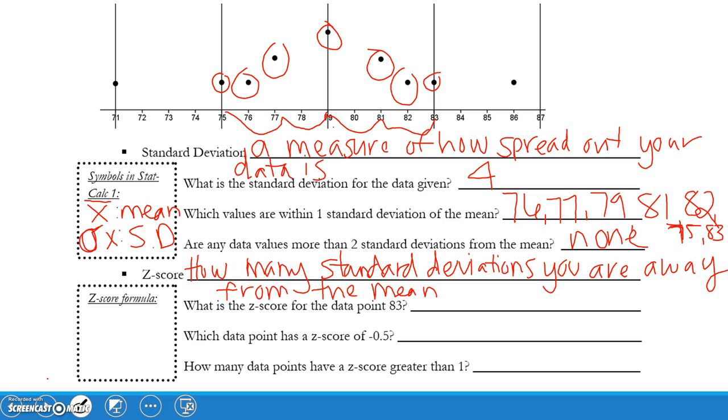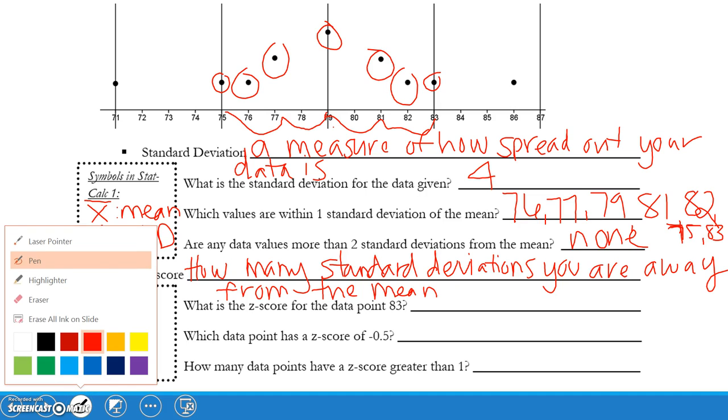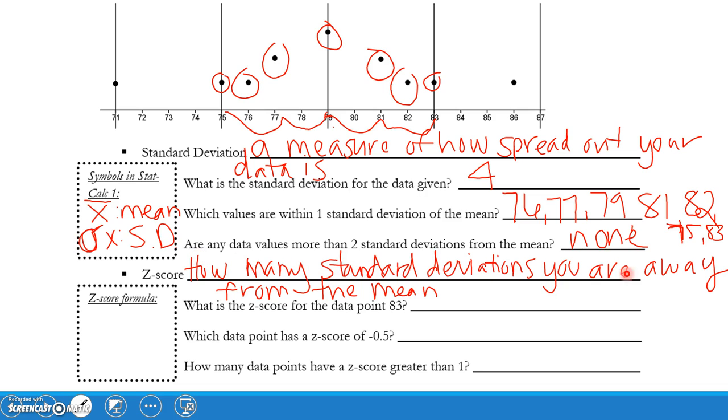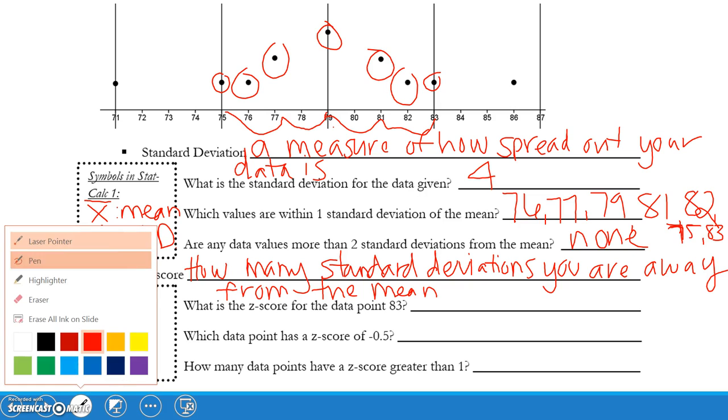So then a z-score. A z-score is how many standard deviations you are away from the mean. So it's basically a score that you assign to the different data values to tell you where it is in relation to the mean. And so there is a formula that we will use for this.